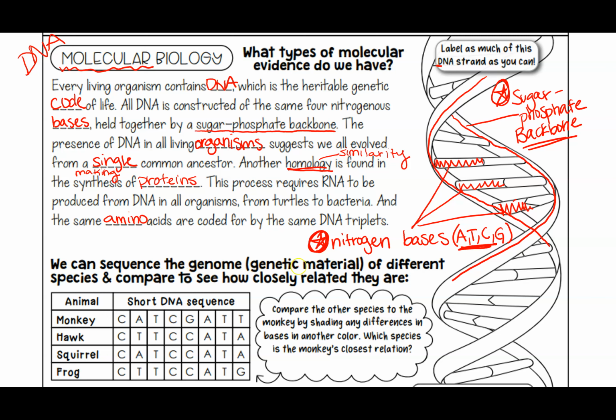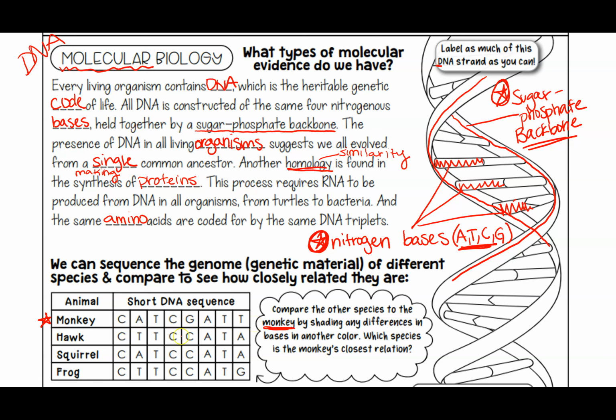So let's look at the bottom right here. We can sequence the genome or genetic material of different species and compare to see how closely related they are. So we're comparing other species to the monkey right here by shading any differences in bases in another color. We've got a monkey, and this is its short DNA sequence. This is just a gene from a monkey: CATCGATT.